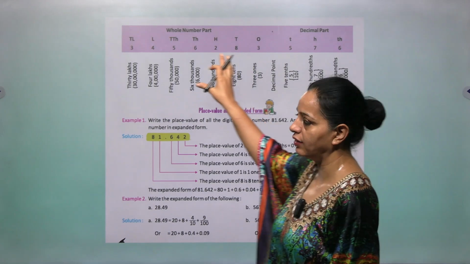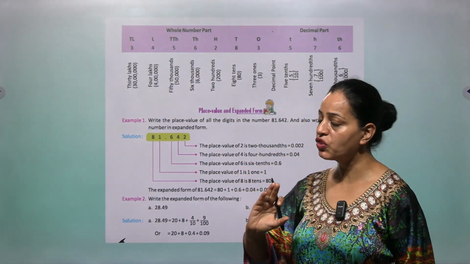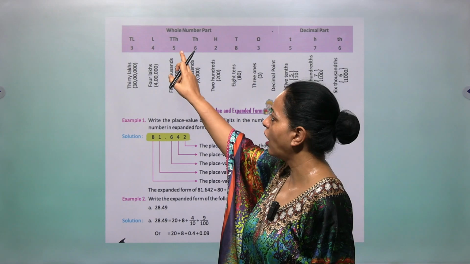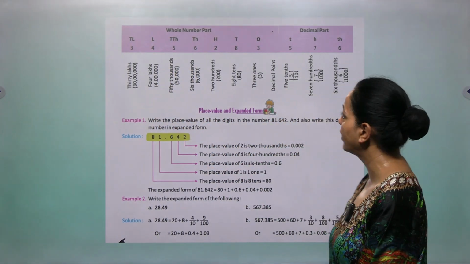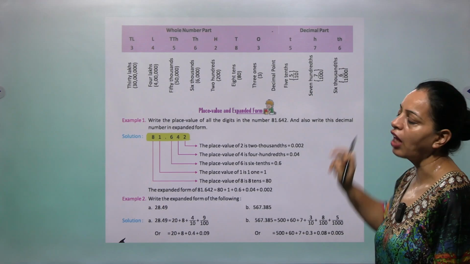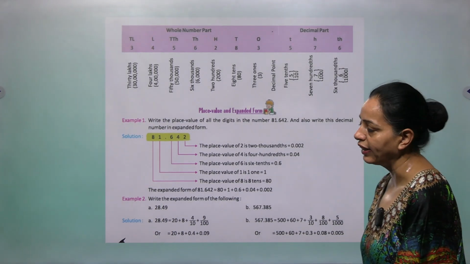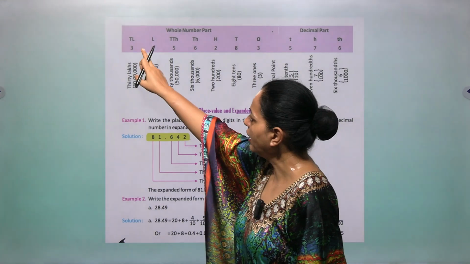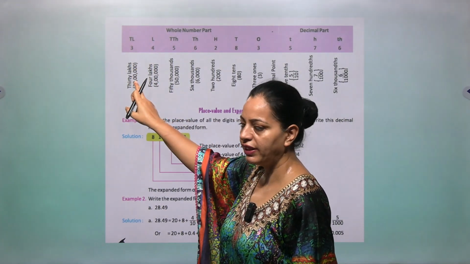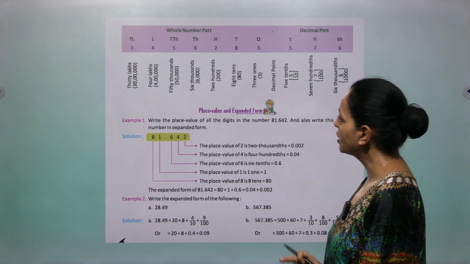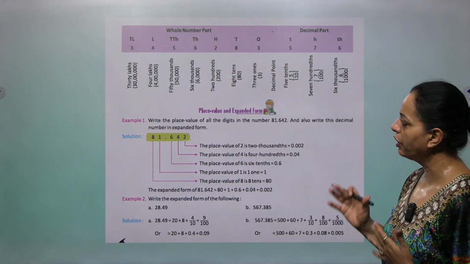We will make it like we did earlier in the first chapter: ones, tens, hundreds, thousands, ten thousands, lakh, ten lakh, and after the decimal tenths, then hundredths, then thousandths. You will write the digit according to the place, right? Like 3 is under ten lakh, 4 is under lakh, and like this. So this is the place value chart of a number.